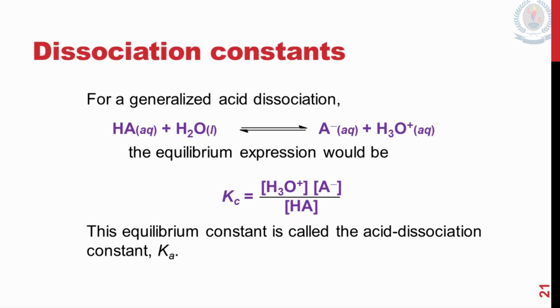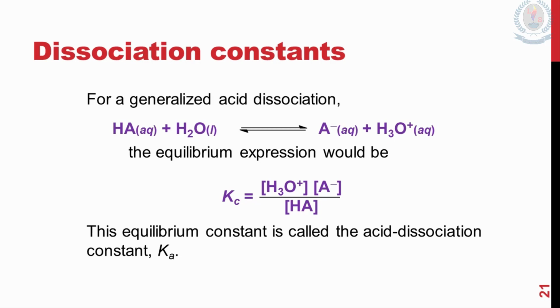Now let's move to the new topic, that is dissociation constant. For a generalized acid, dissociation is like this. From the common equation, HA, that is the acid, and H2O react together in a reversible reaction and form A minus aqueous and hydronium ion. At equilibrium, we can write an equilibrium expression.